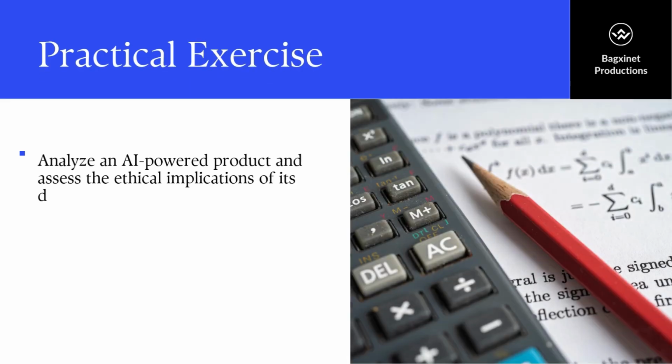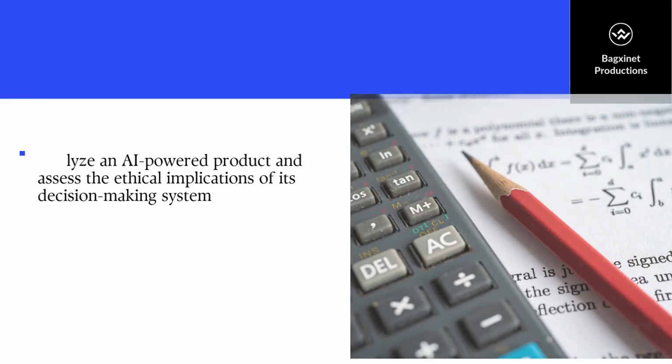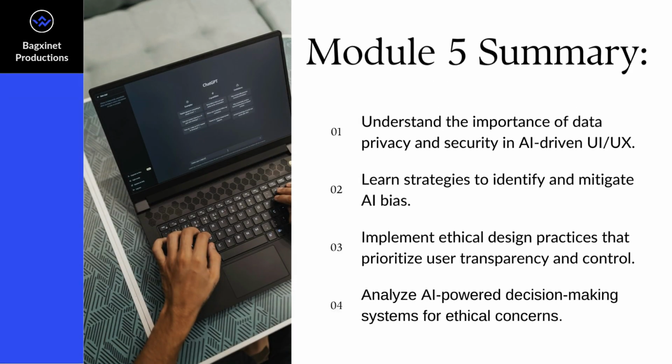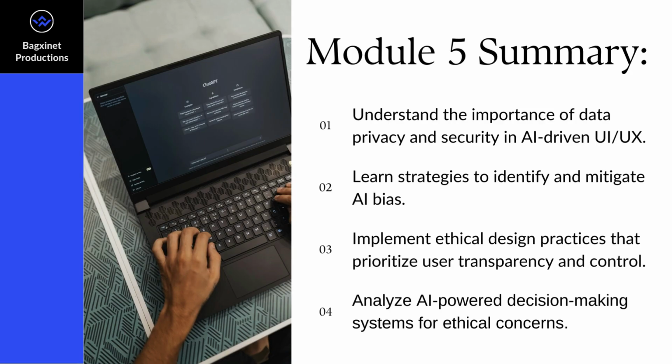So guys, it is time for a recap. As a participant, by the end of this module, it is expected of you to understand the importance of data privacy and security in AI-driven UI and UX.